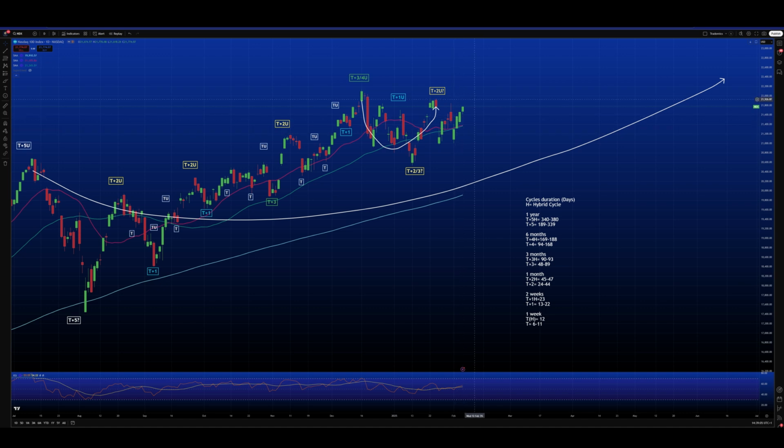Within the next week, what we can foresee is that after 10 or 11 bars, we have at the moment 10 bars, so we might have still another day to the upside, and then from the beginning of next week we expect a retracement.